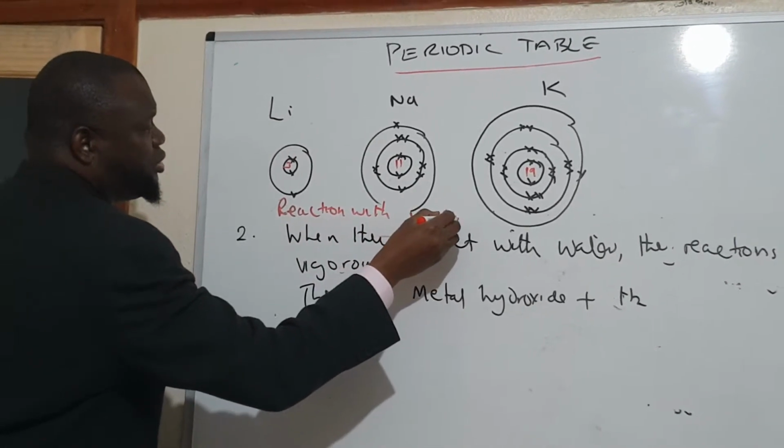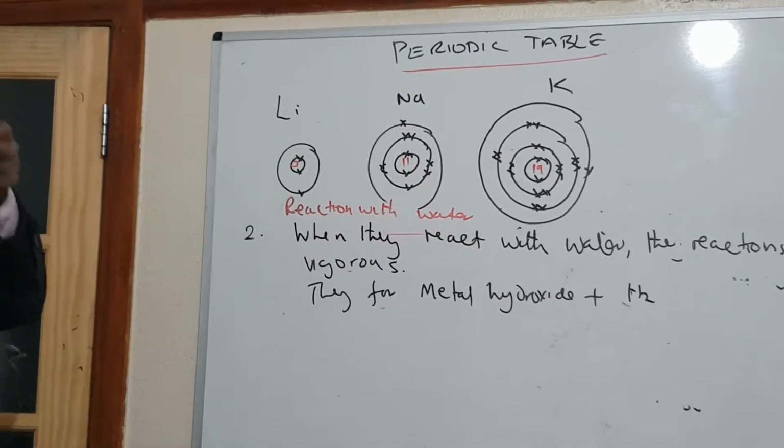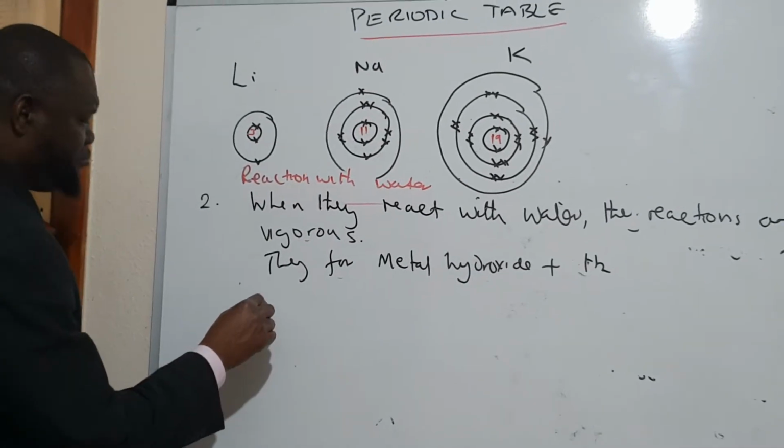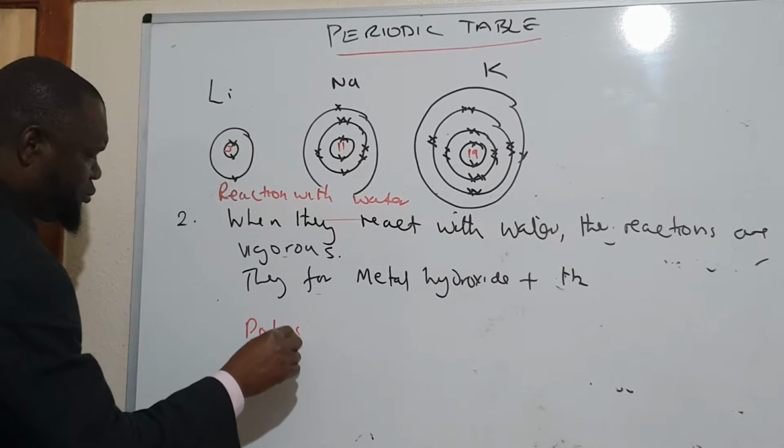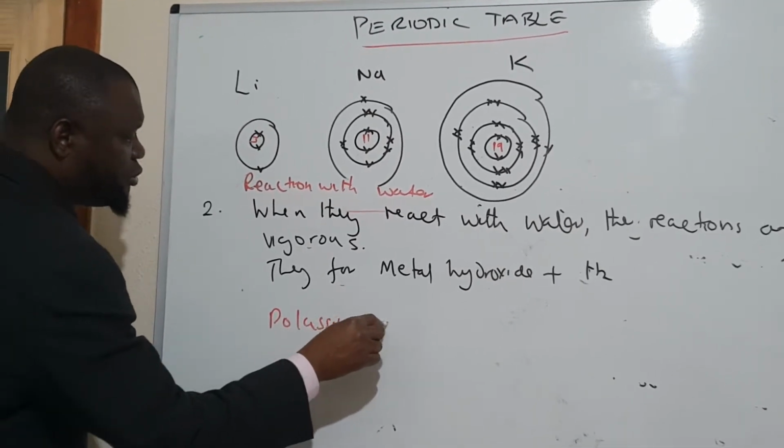Reaction with water. Okay? So, let's say potassium plus water will produce potassium hydroxide and hydrogen. I'm going to explain what happened.